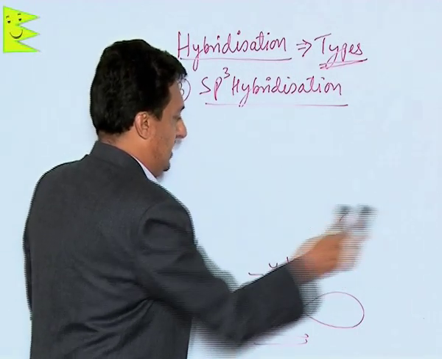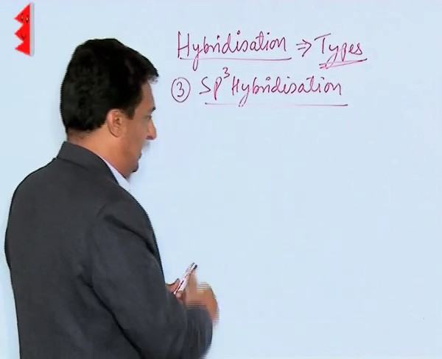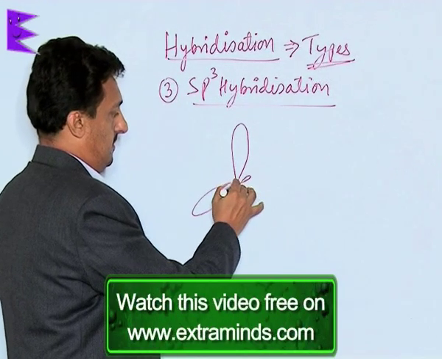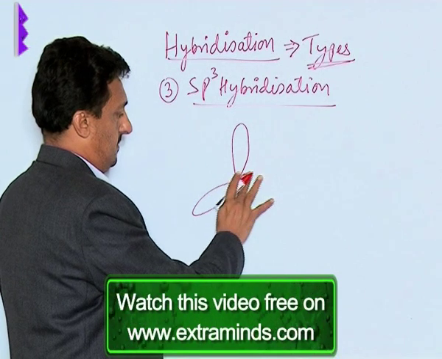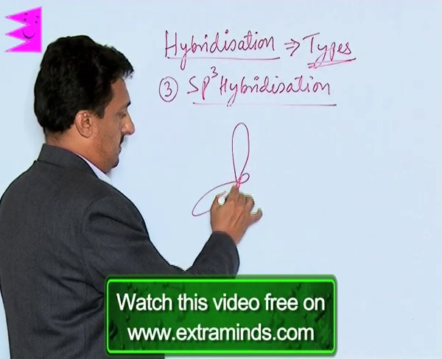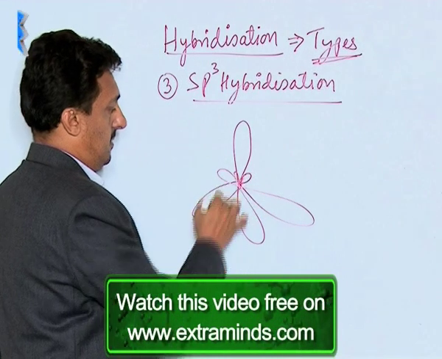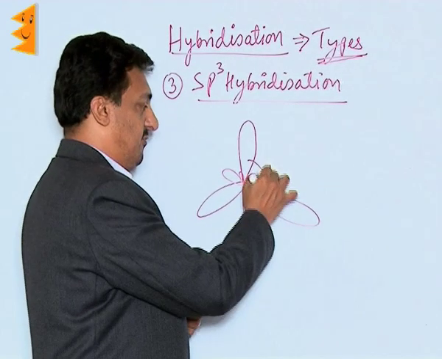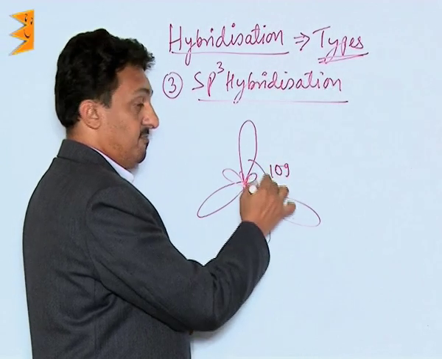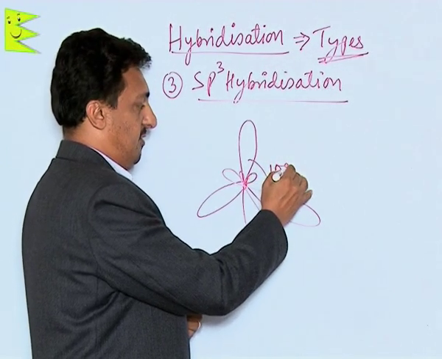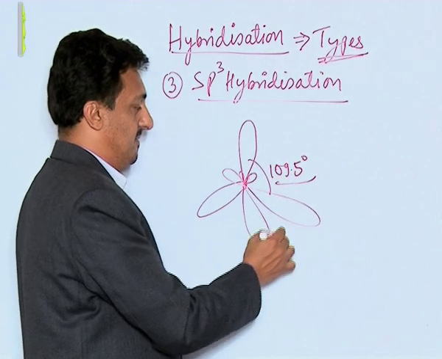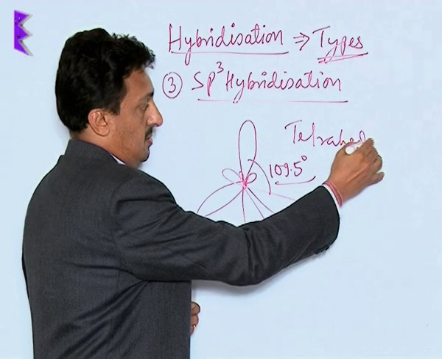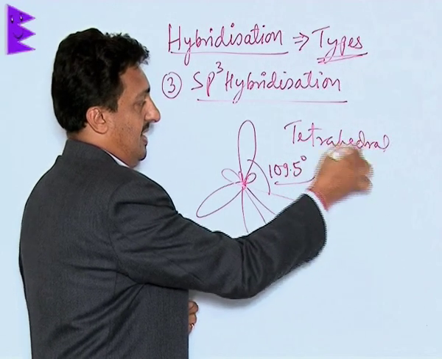The exact structure of the sp3 hybridized orbitals will be like this, with each angle between these hybrid orbitals of 109.5 degree, and the shape is called tetrahedral.